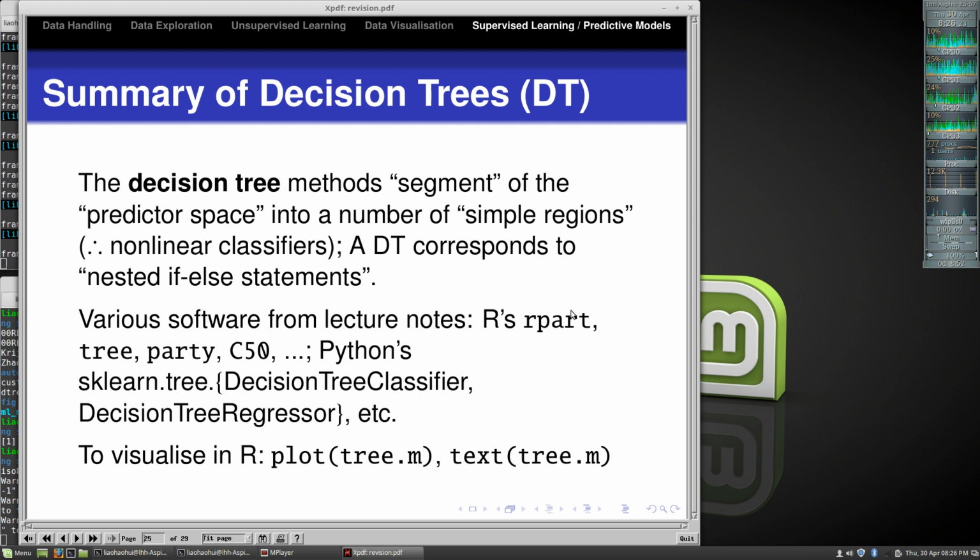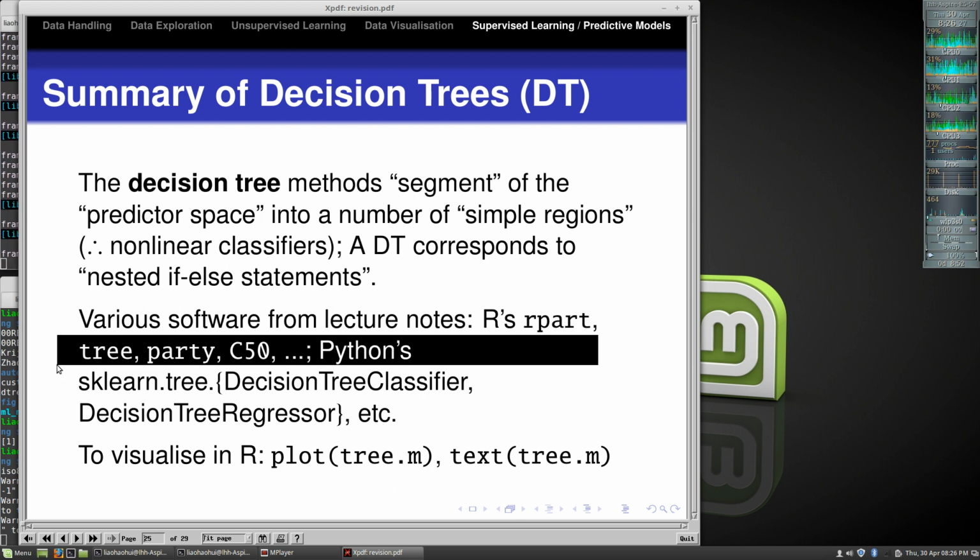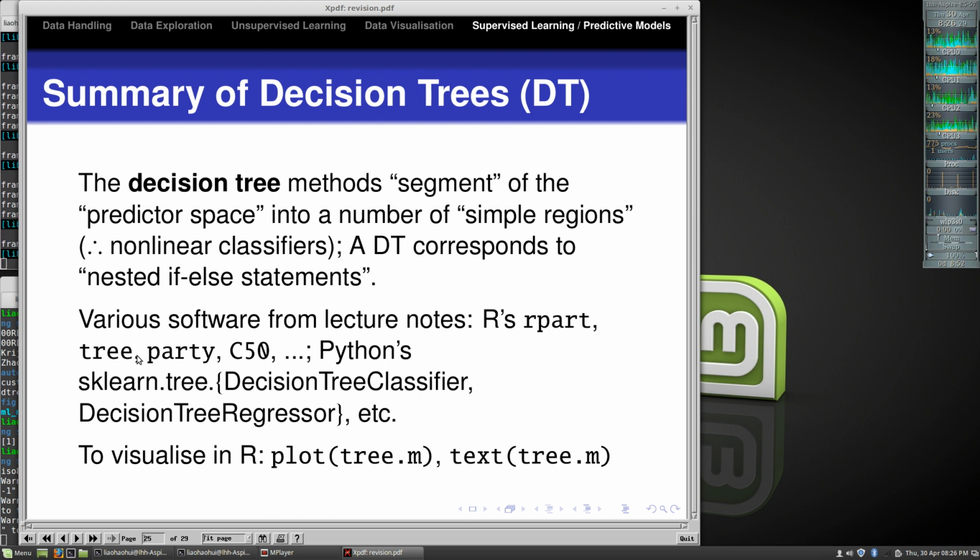So you already learned the rpart and tree packages in the practical class. Others I did not explore. If you want to know, then you just have to explore them yourselves.